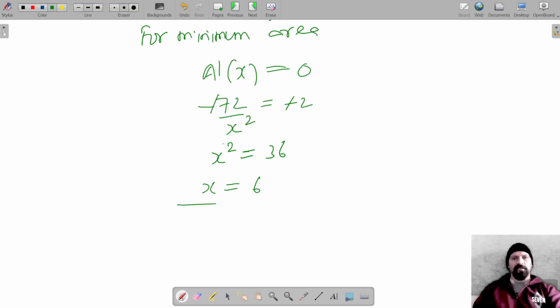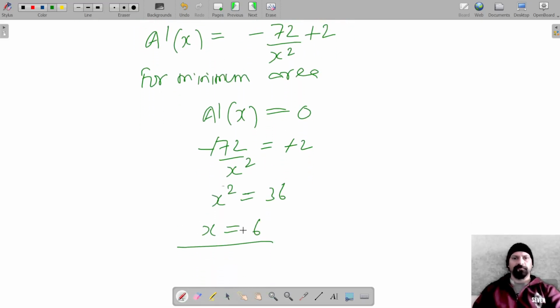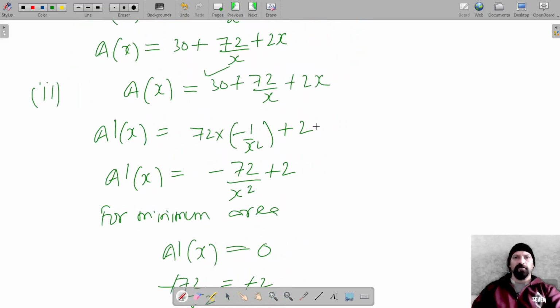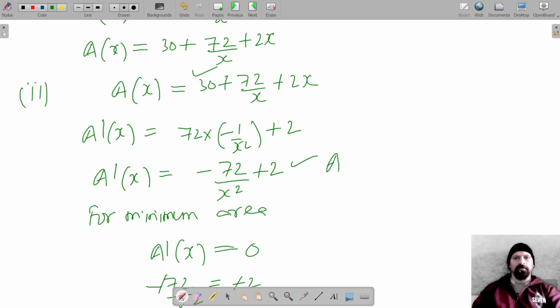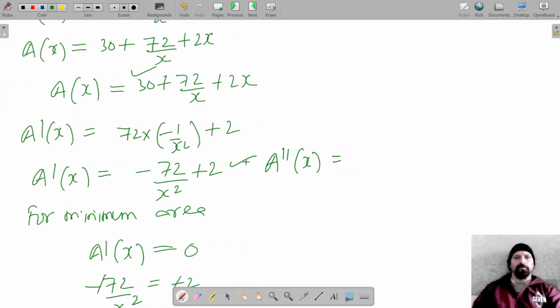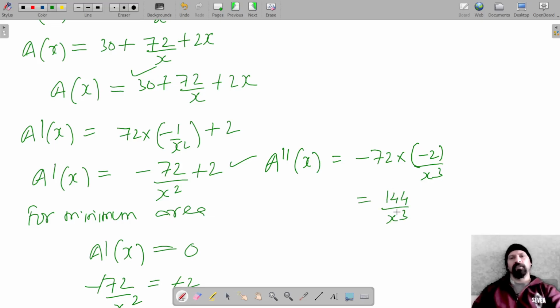Now let's check when x is equal to 6. Let's find out the second order derivative here. So A double dash x is negative 72 into minus 2 by x cube, which gives me 144 by x cube.